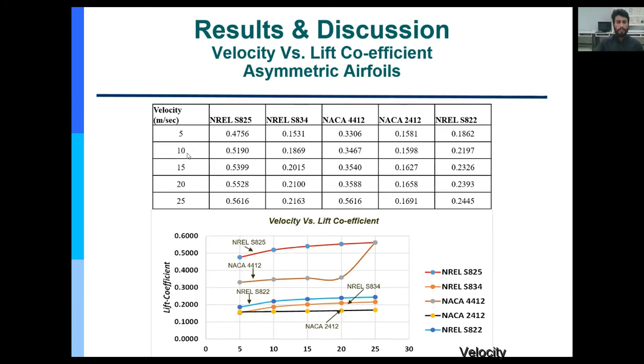Same if we observe for wind velocity of 10 meters per second, NREL S825 has a lift coefficient of 0.5190, and 0.1869 lift coefficient value is for NREL S834 at wind velocity of 10 meters per second.